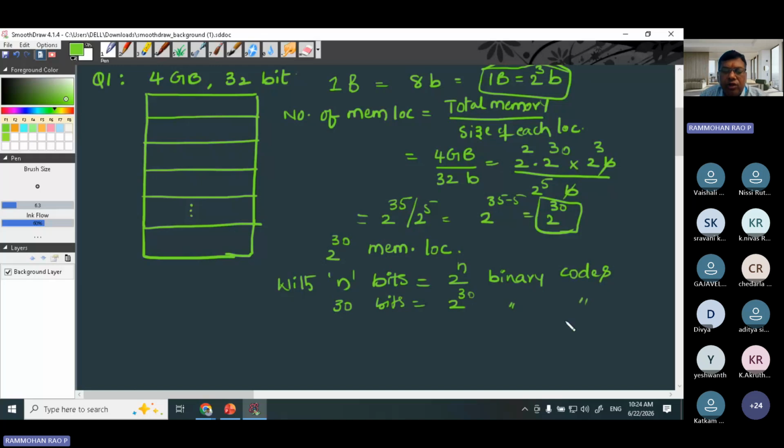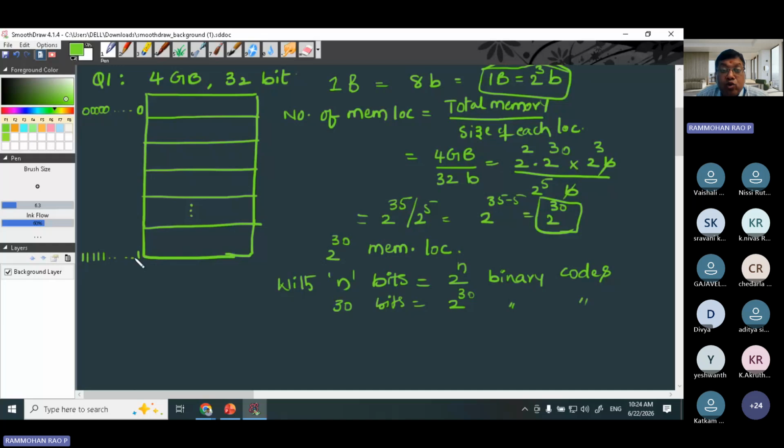So if I use a 30-bit binary address, how many different binary codes can I generate? 2 power 30 different binary codes. How many memory locations do we have? 2 power 30 memory locations. So if I use a 30-bit binary code, from 30 zeros to 30 ones, it will be sufficient, right?